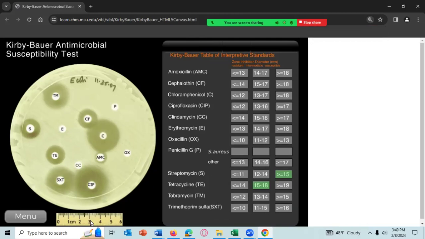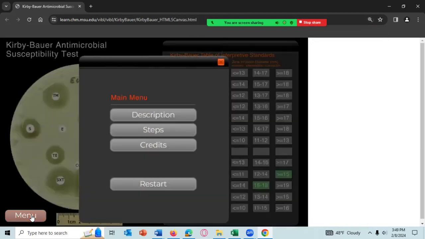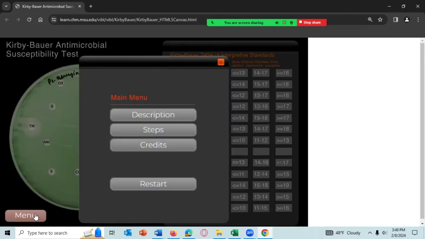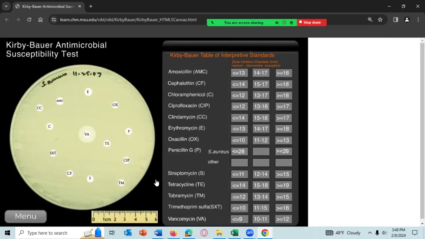You'll need to do this 3 times. Click the menu button and then restart again, and it'll switch the bacteria here. So here we have Pseudomonas aeruginosa. And there's one you could measure. And then you can do it again. We have 3 different plates here. Staphylococcus aureus here, Pseudomonas aeruginosa, and I think the third one was E. coli.